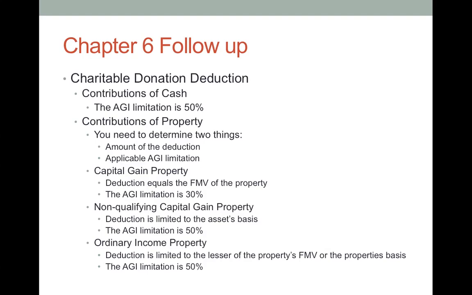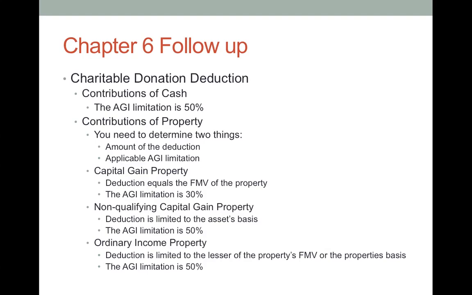So cash, non-qualifying capital gain property, and ordinary income property, these three types of donations are subject to a 50% AGI limitation. Basically you add up the value of all of these donations, and if the total amount is less than 50% of the taxpayer's AGI, the taxpayer can deduct 100% of the donations.